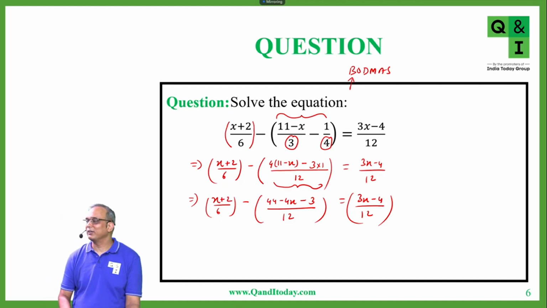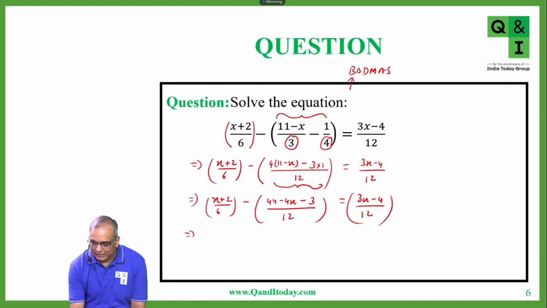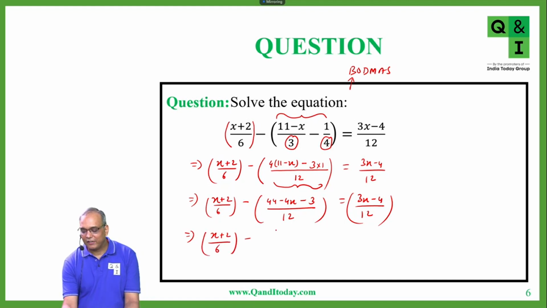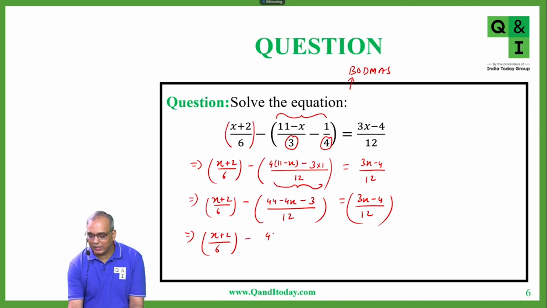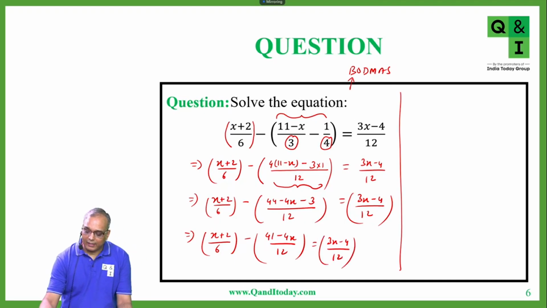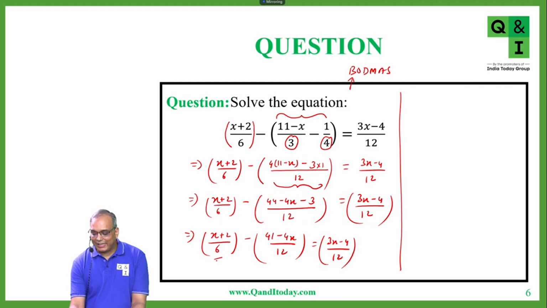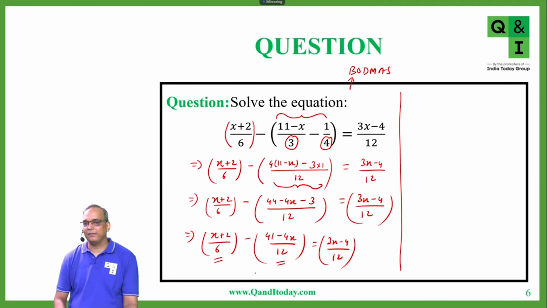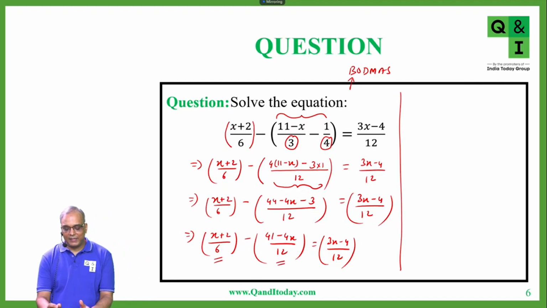Okay. It's okay then. So here we have x plus 2 over 6 minus of 44 minus 3, we know is 41 minus 4x by 12 is equal to 3x minus 4 by 12. Now we know the LCM of 6 and 12 is 12. Now we have two terms which are inside the bracket on the left side.